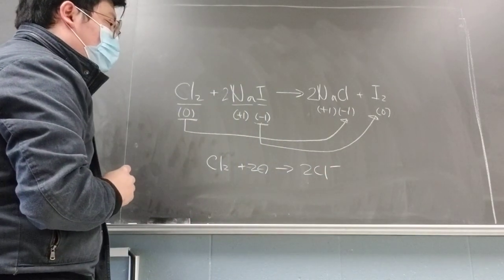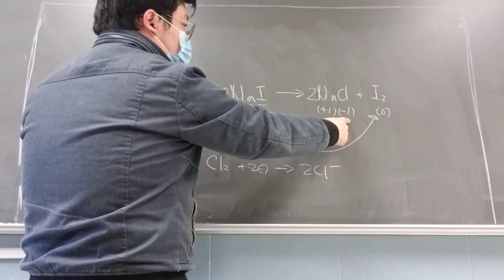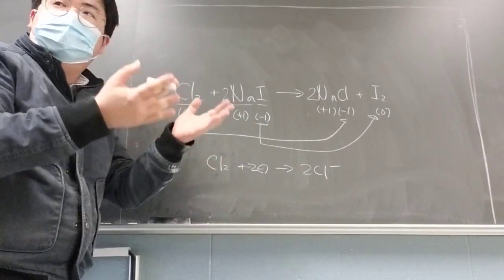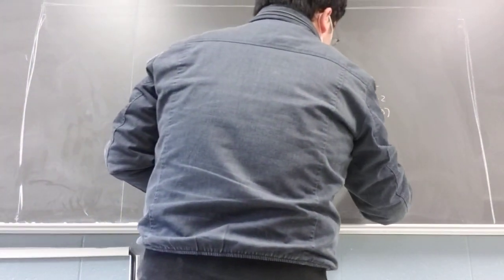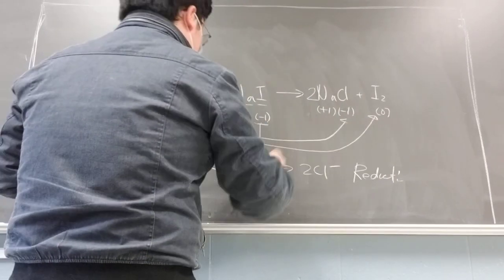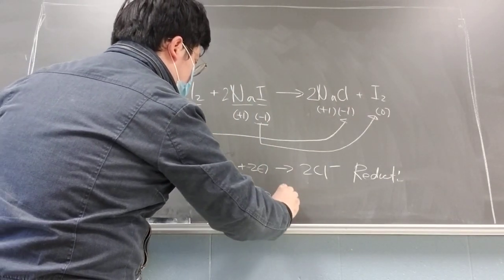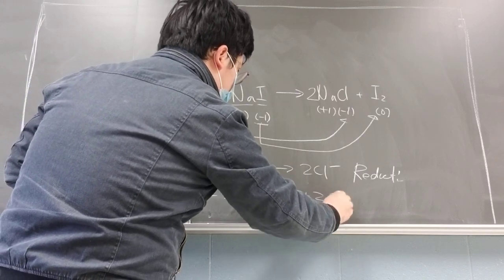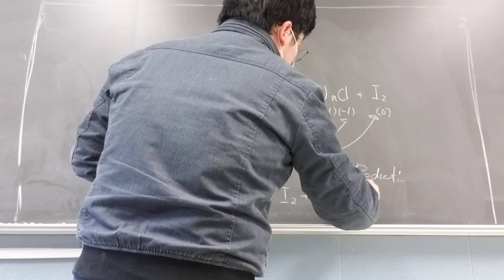Can you tell me, is it a reduction or oxidation? 0 to -1 means it needs to get something negative. That is reduction. Perfect. Great. And then the other one, the two iodine, give up the electrons, so they lost the electrons, so it will be oxidation.